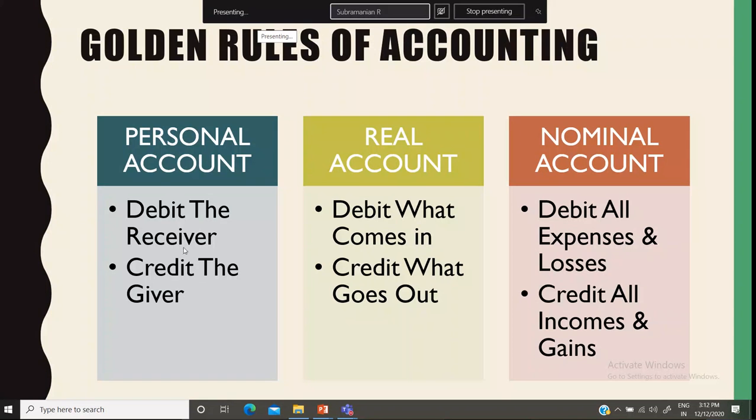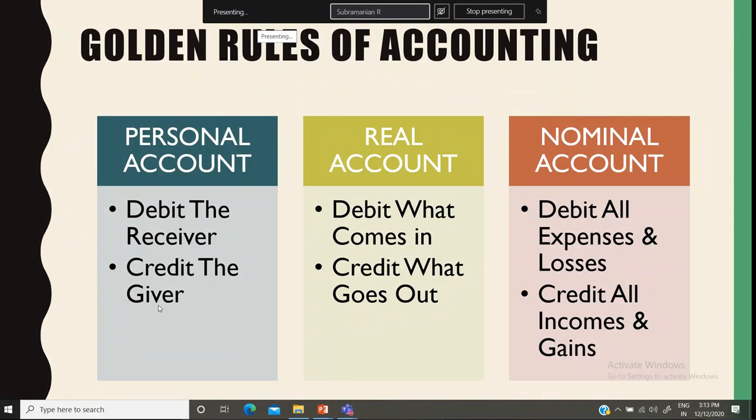The first step in our accounting subject is the journal we are going to record. For that first step you should know what rule we have to adapt for making the entry. For the personal account, debit the receiver, credit the giver.